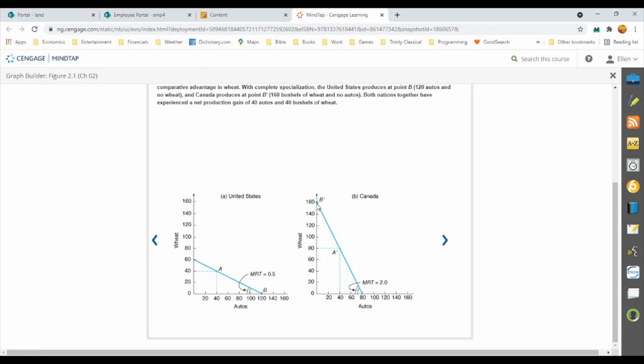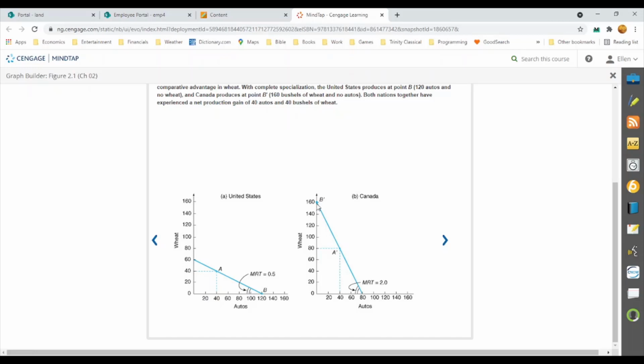So we see that the opportunity cost flips when we're looking at it the other way. And so Canada would have the lowest opportunity cost in producing wheat, and that gives them the comparative advantage in wheat. America would have the lowest opportunity cost in autos, and so they have the comparative advantage in autos.